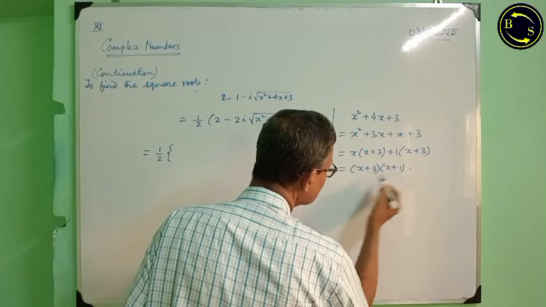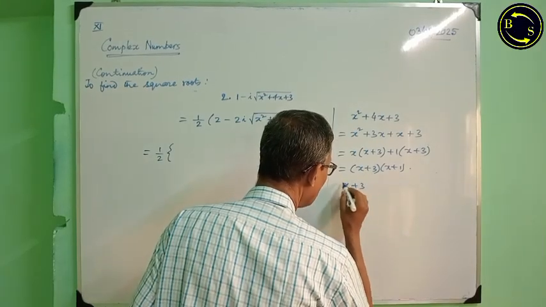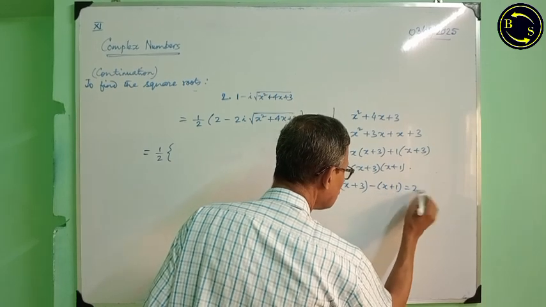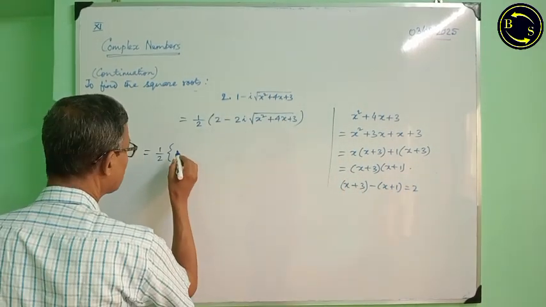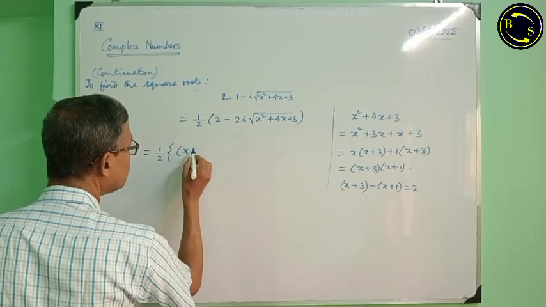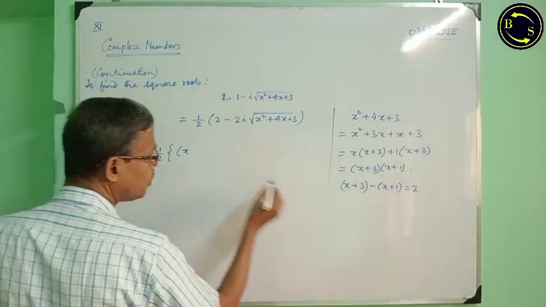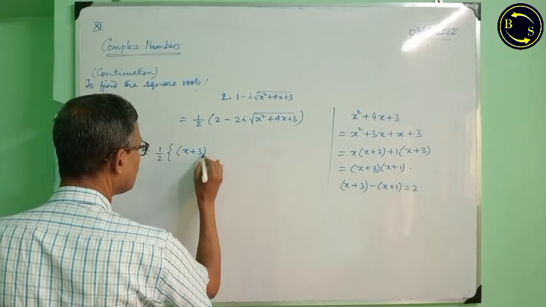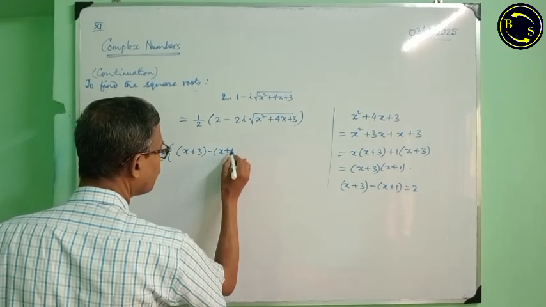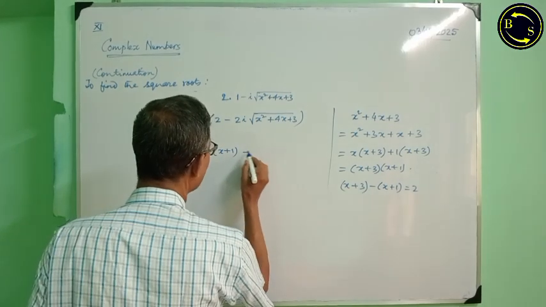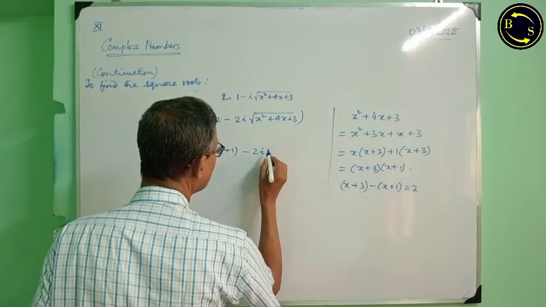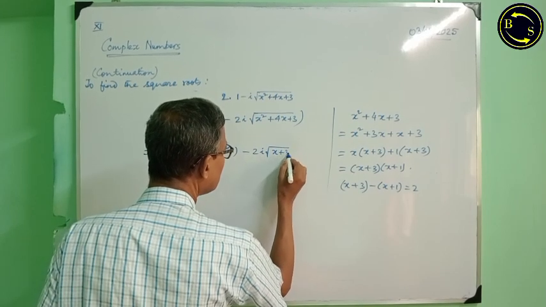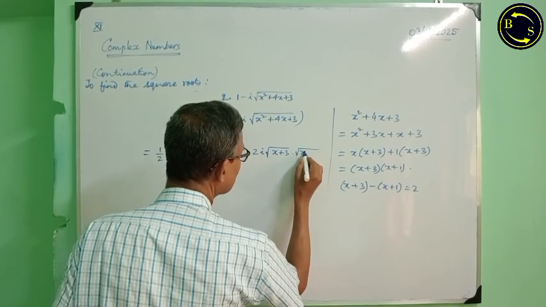You see difference of these two is 2. Therefore, I first write like this. This 2 is to be written as difference of these two factors. Minus 2i into square root x plus 3 square root x plus 1.